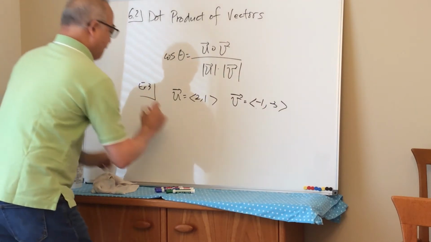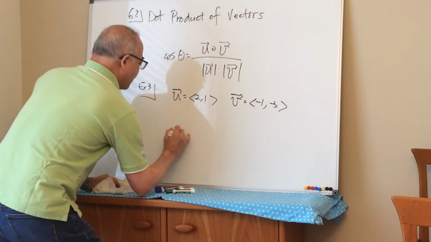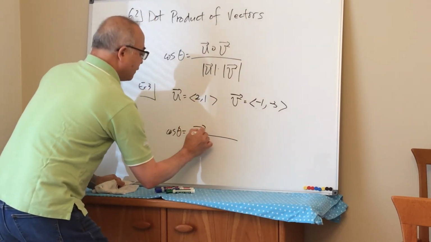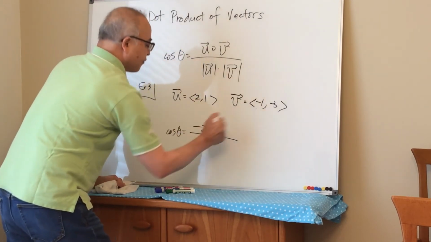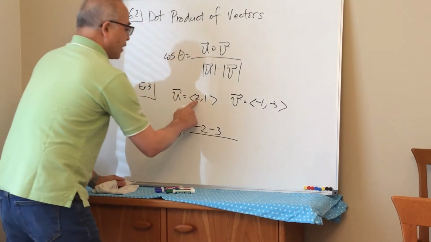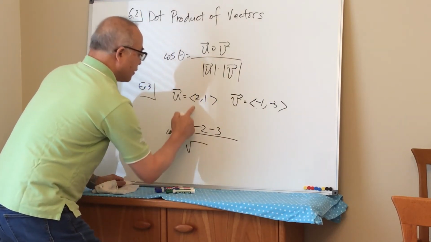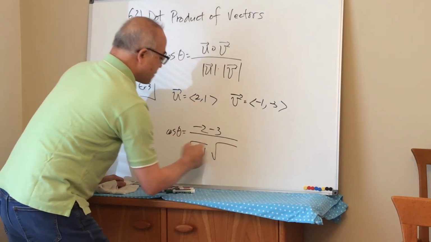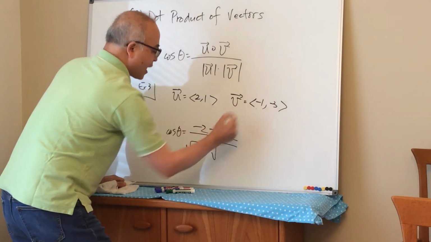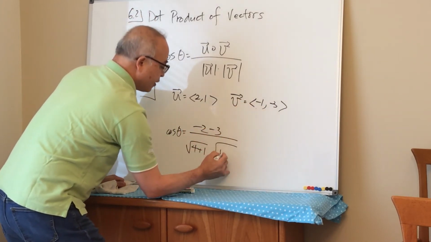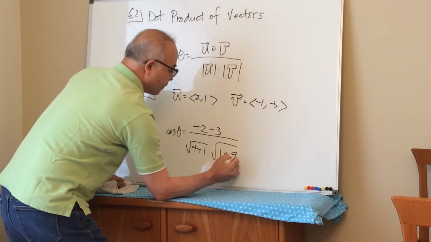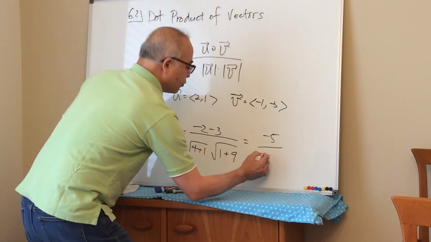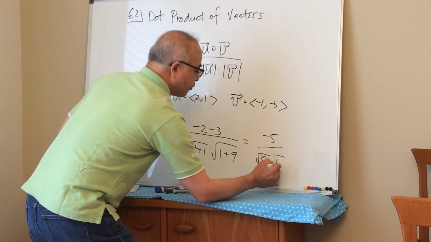We're going to have cosine theta: 2 times negative 1, 1 times negative 3, then I have 4 plus 1, that's the magnitude of that one. The magnitude of this one would be 1 squared plus 3 squared: negative 5, root 5, root 10.